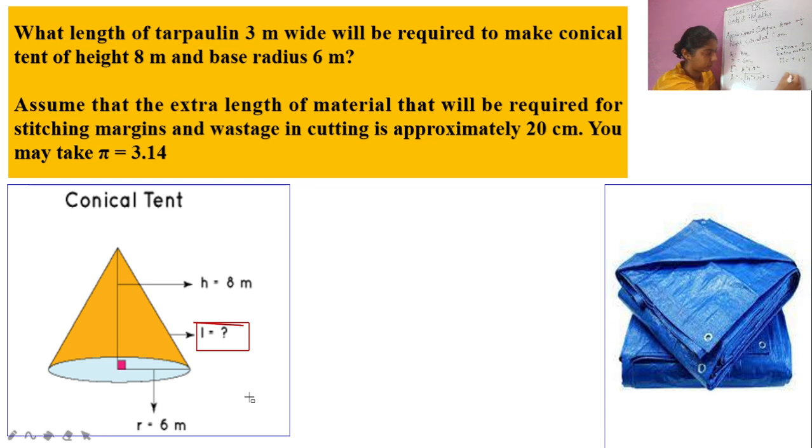Calculate the value and tell me. Okay, so we know that h square is 64 and r square is 36. If we take the square root of 100, we get 10 meter. So we get 10 meter as the slant height.